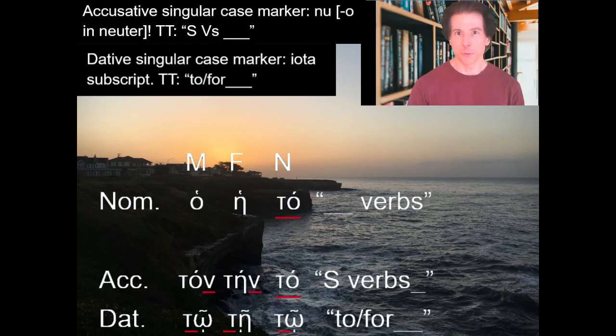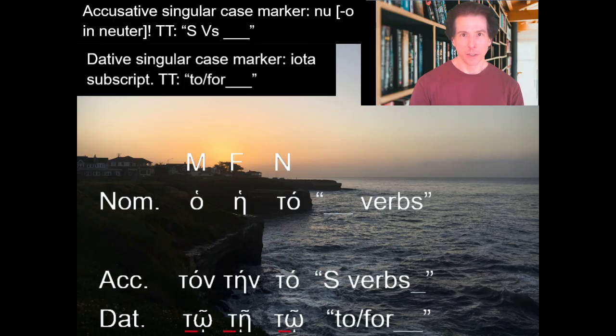With the dative form, if you see iota subscript with the definite article here, you're going to know this is in the dative case. And so iota subscript, if you look underneath the omega there in toi for the masculine, or see how you've got that little tiny mark right under the eta in te for the feminine.